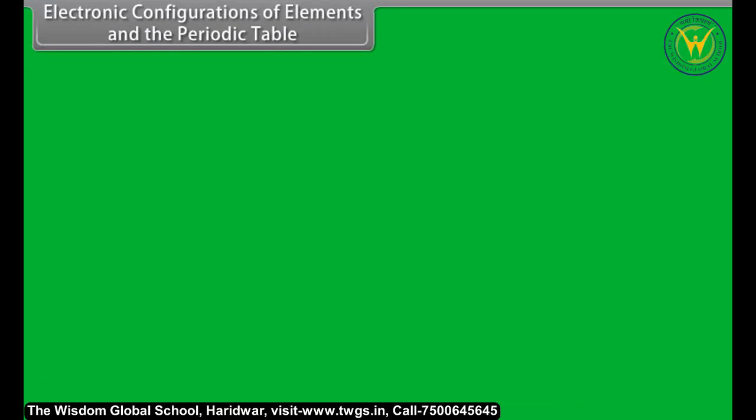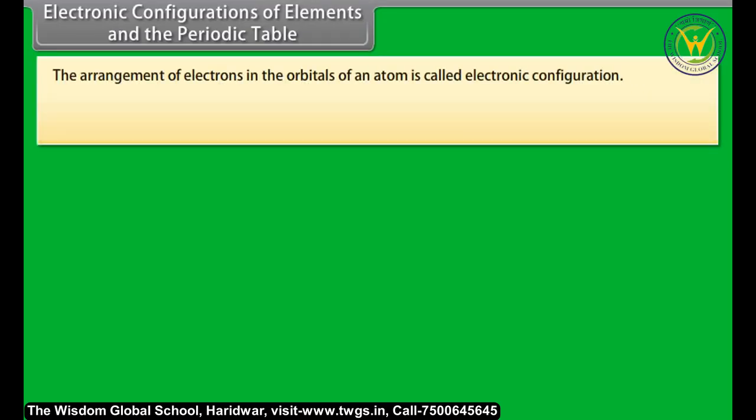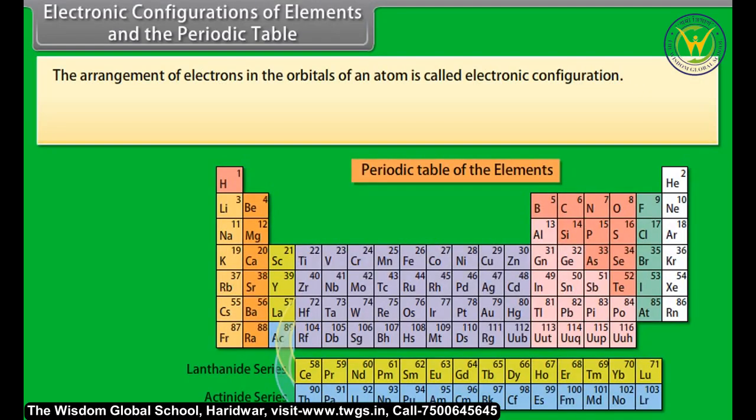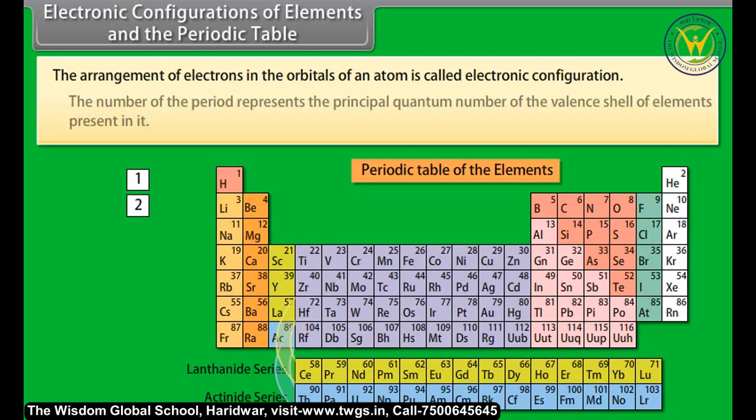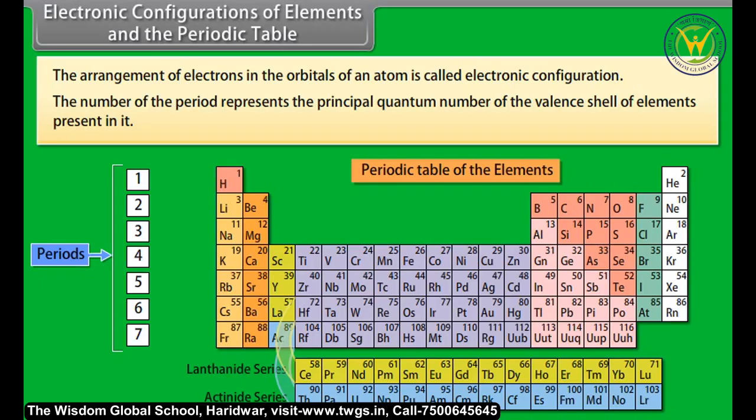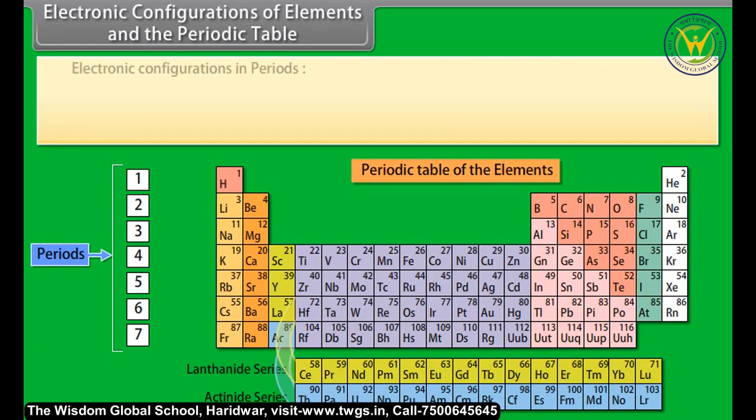Electronic configurations of elements and the periodic table. The arrangement of electrons in the orbitals of an atom is called electronic configuration. The number of the period represents the principal quantum number of the valence shell of elements present in it. Electronic configurations in periods.